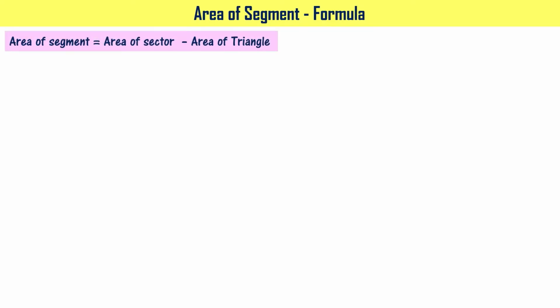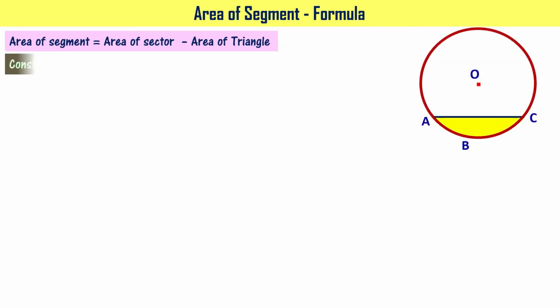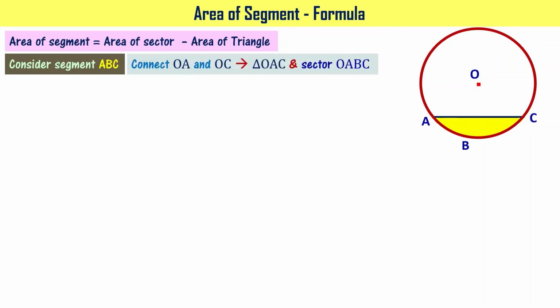Let's now derive the formula for area of segment. We just said that area of segment equal to area of sector minus area of triangle, right? Let us consider a segment ABC as shown in the figure and connect OA and OC such that you have triangle OAC and sector OABC formed, right?